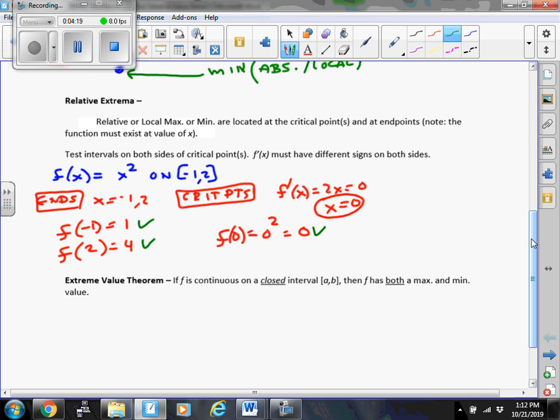So given my three values that I currently have, I've got a 1, a 4, and a 0. Because this function is closed, I can automatically tell you which one's the absolute max. This right here is the absolute max because it's the largest number. It is 4 at x equals 2. That's the way you verbalize that. My absolute minimum is 0, and it is at x equals 0.